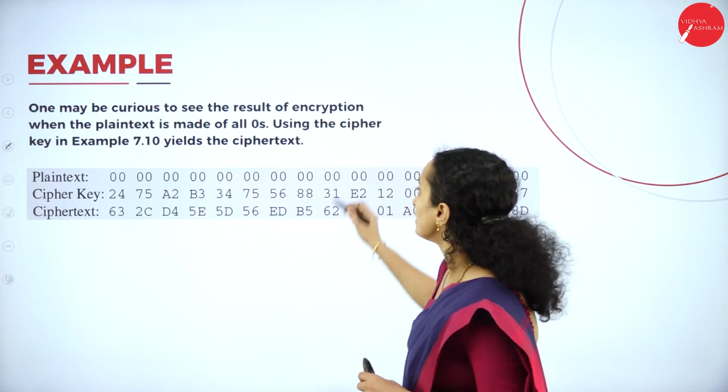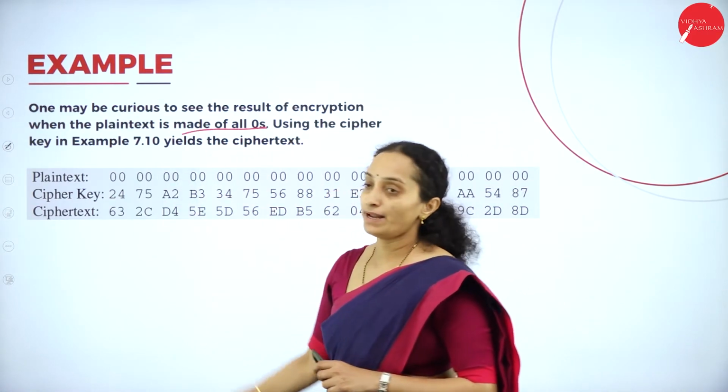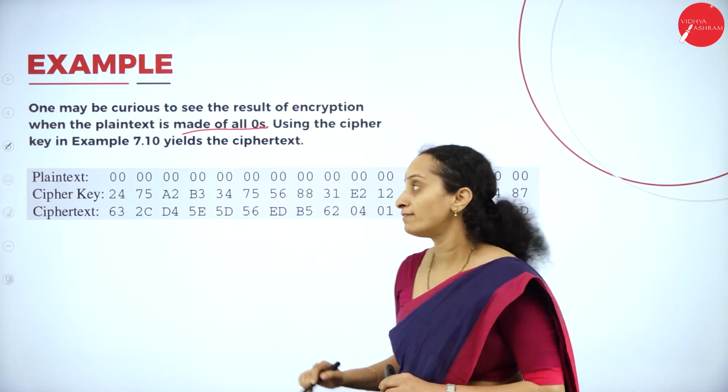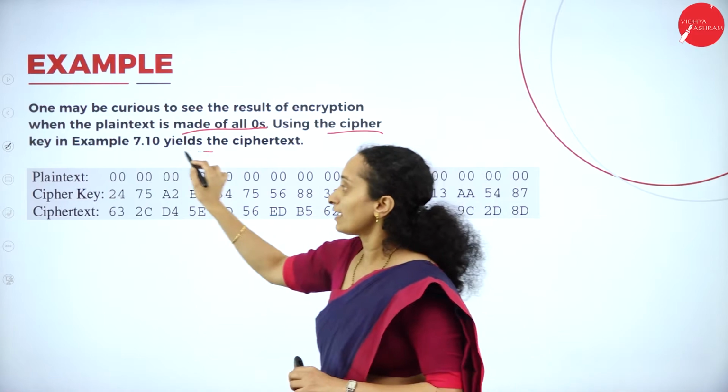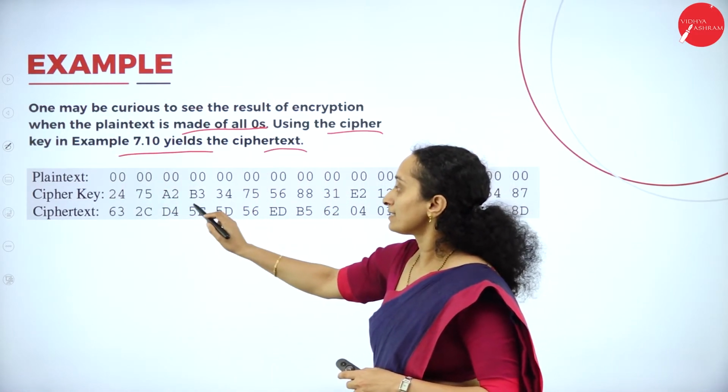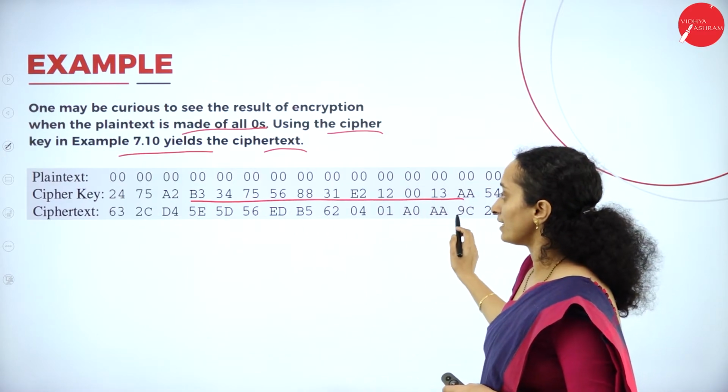What happens when the plain text is made of all zeros? If the plain text is all zeros, using the cipher key of the previous example, it yields the cipher text like this.